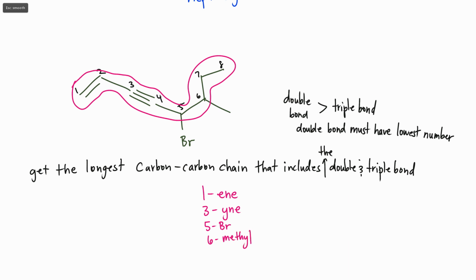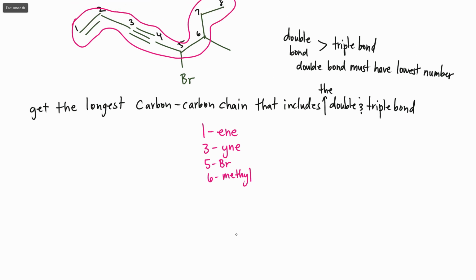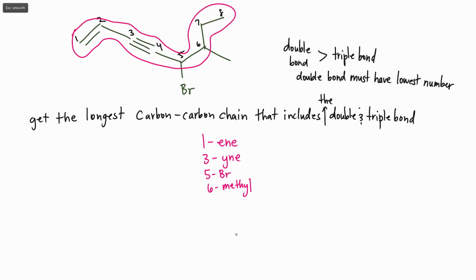So what we have to do is put all of this together. We want the double bond to have the lowest number, but it's going to come before the last name Y-N-E. Okay, so we have 8 carbons, so that's going to be an oct. Now the ENE is going to go first.